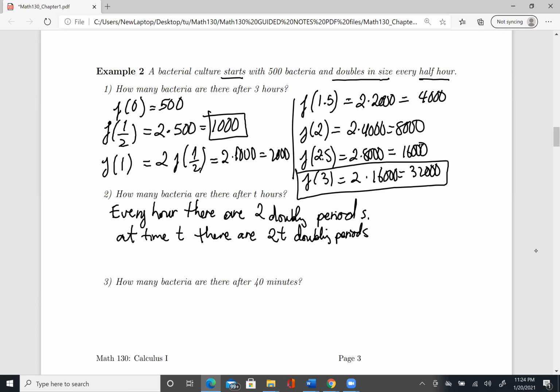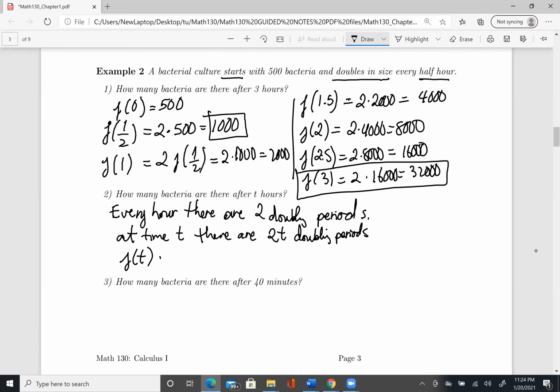So what we have is f of t equal to 500 multiplied by 2 to the power 2t.